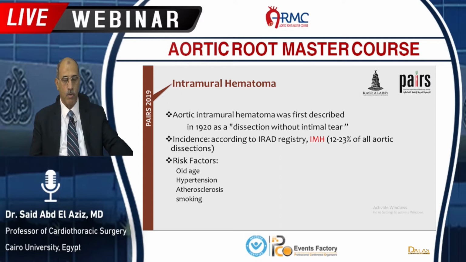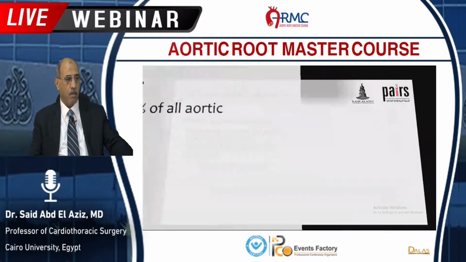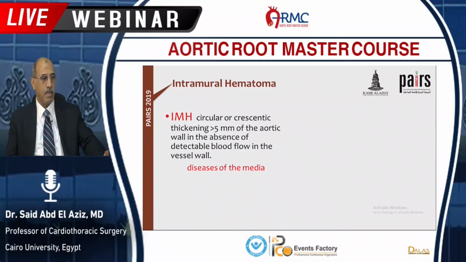The risk factors: old age, hypertension, atherosclerosis, smoking. The intramural hematoma is a circular or crescentic thickening of more than 5 millimeters of the aortic wall in the absence of detectable blood flow in it. We call it a disease of the media.